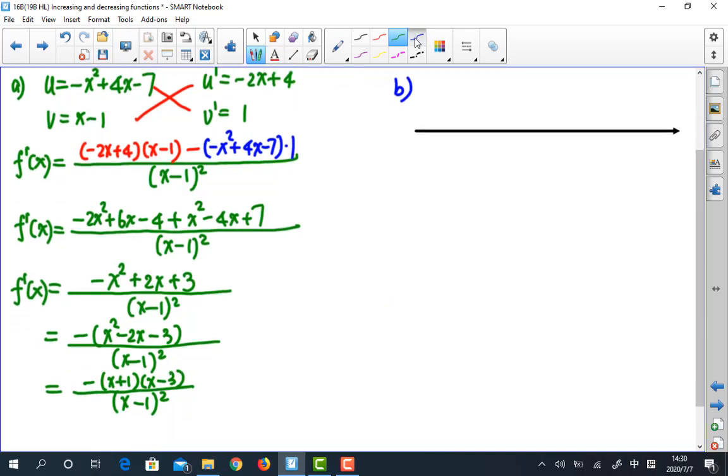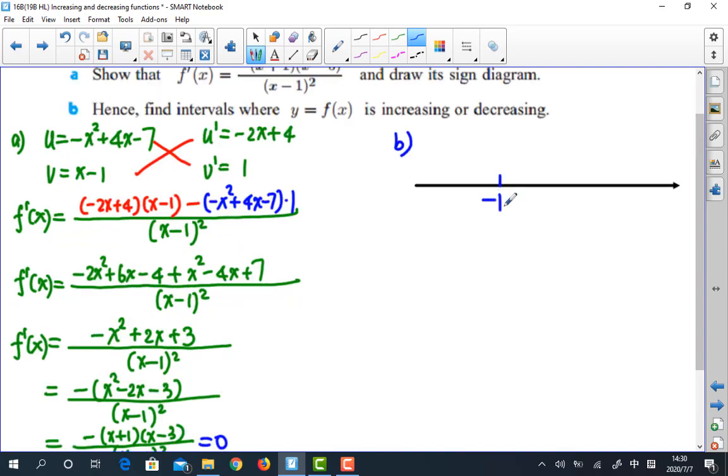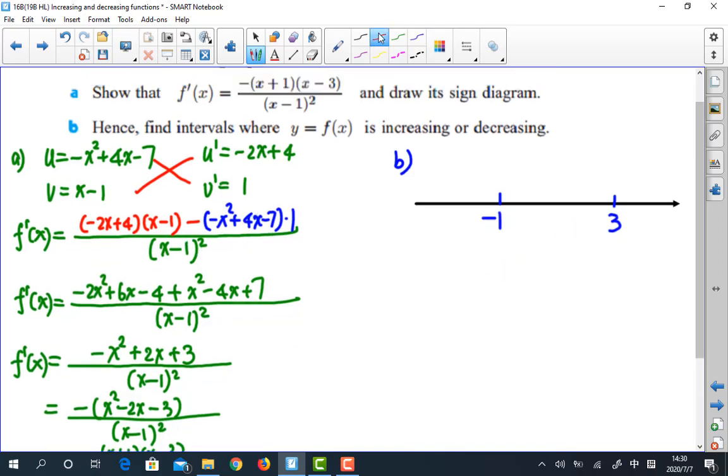Let the first derivative be 0. So we can have the numerator equals 0. So x equals negative 1, x equals 3. Denominator cannot be 0. Negative 1, 3. And then remember, for f prime x, there is a denominator.